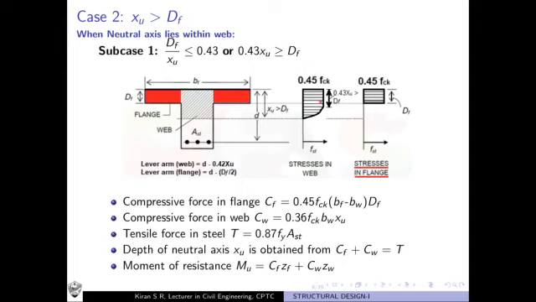So this is the distribution inside the web, and similarly you should get a distribution inside the flange also. Inside the flange, the depth of flange is only up to here, and the stress is uniform beyond it, which means that inside the flange also the stress is uniform like this, as shown here.